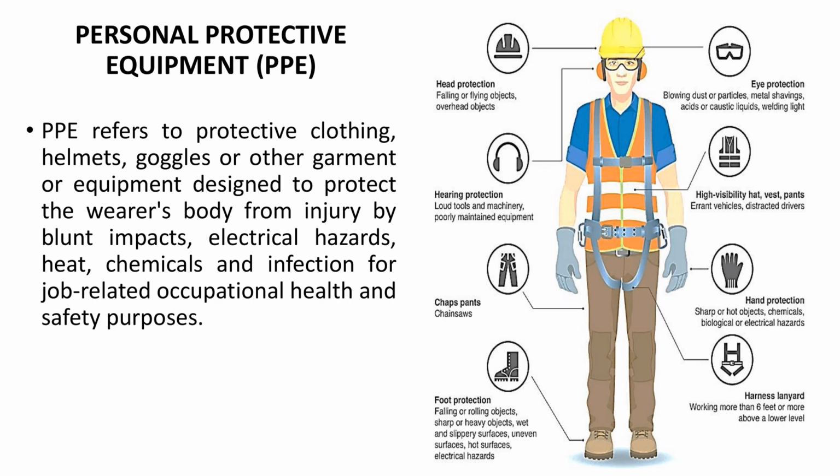PPE usually involves head protection for flying or falling objects overhead; eye protection for blowing dust or particles, metal shavings, acids or caustic liquid, and welding light; hearing protection for loud tools and machinery and poorly maintained equipment; high visibility hats, vests and pants for errant vehicles and distracted drivers; chaps and pants.